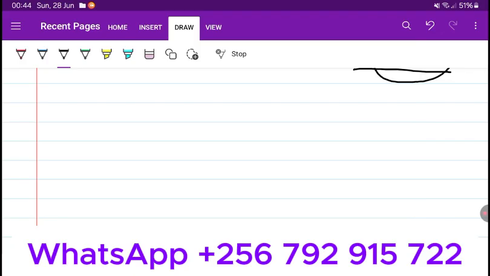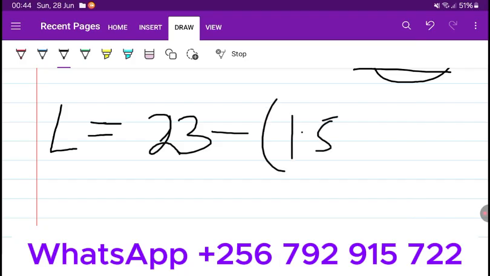So the lower limit, we computed the lower quartile and it was 23 minus 1.5 times the interquartile range, which was 19.